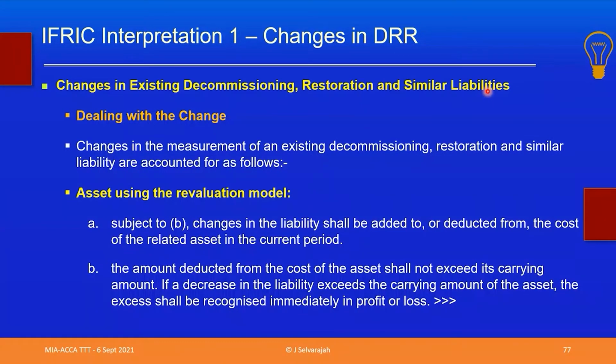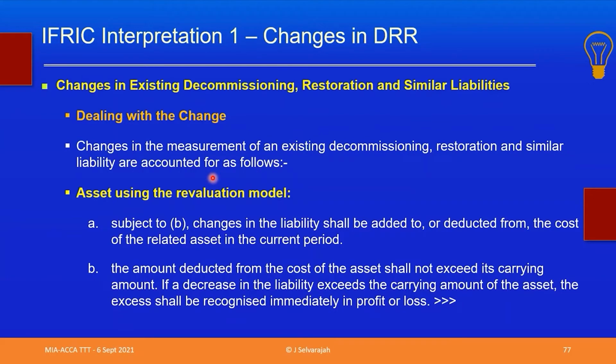So in the existing one, changes. So changes in the measurement of existing decommissioning, restoration, and similar liabilities are accounted for as follows. So they give you using revaluation model and using the cost model. So let's take it one step at a time. Because when you have a PPE, you could be revaluing your PPE. And your PPE today in the books, in the example just now, is not 30 million, it's 31 million. And you provide for depreciation on the 30 million, right?